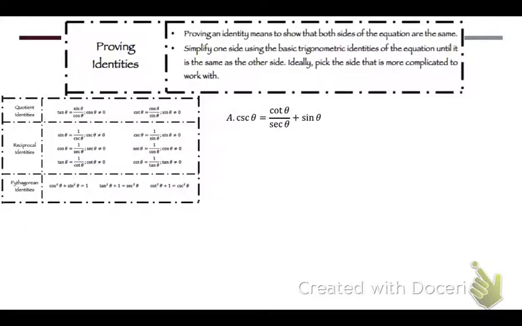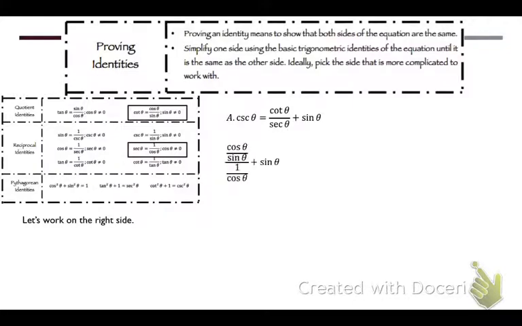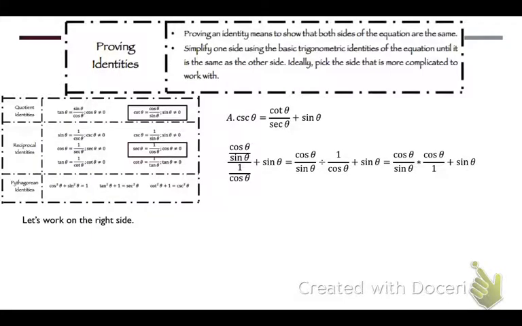Let's do this one. I'm going to work with the right side of the equation, because that's more complicated than just cosecant of theta. Start by putting it in terms of sine and cosine. So cotangent is cosine over sine. Secant is 1 over cosine. So that's cosine over sine divided by 1 over cosine, plus sine. Rewrite that, flip that fraction, and multiply. So you get cosine squared of theta over sine, plus sine of theta.